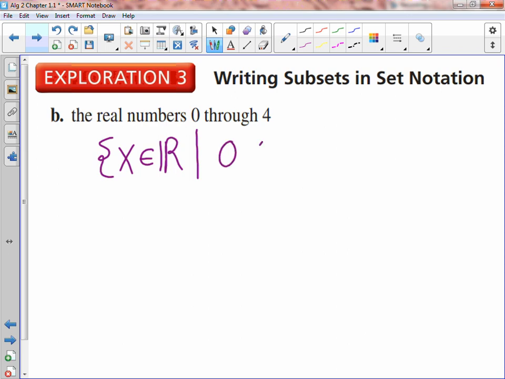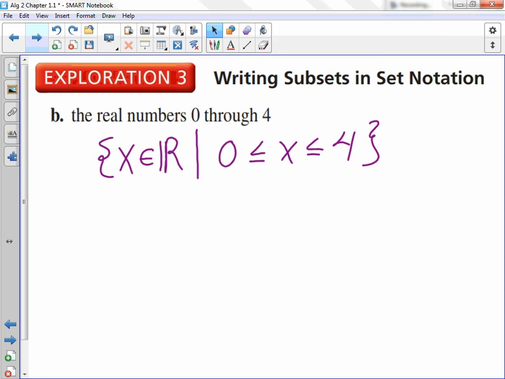So 0 is less than or equal to x is less than or equal to 4. The set of all x, the set of x in the real numbers such that 0 is less than or equal to x is less than or equal to 4. So we've described this mathematically. And not always is it going to look nice, but sometimes it does.